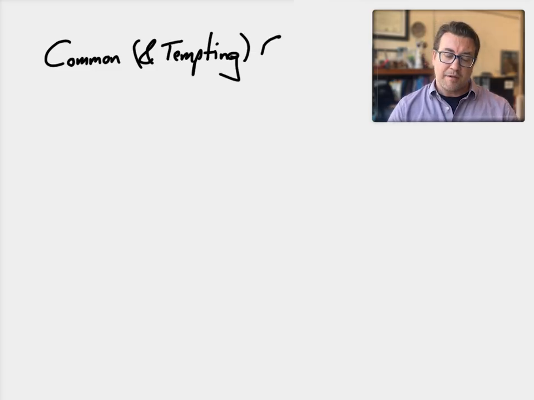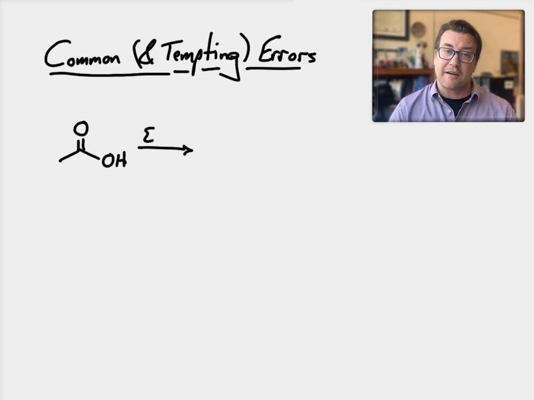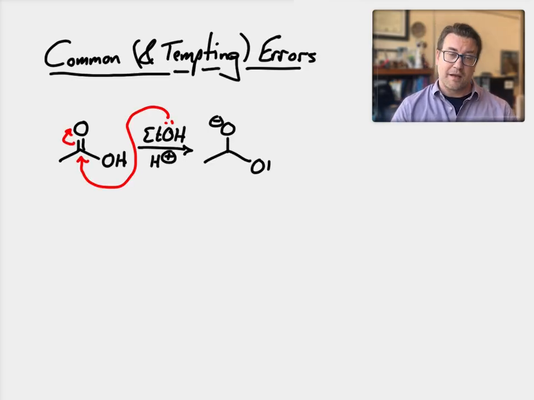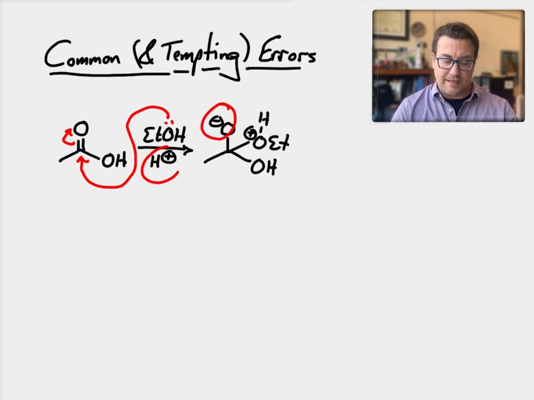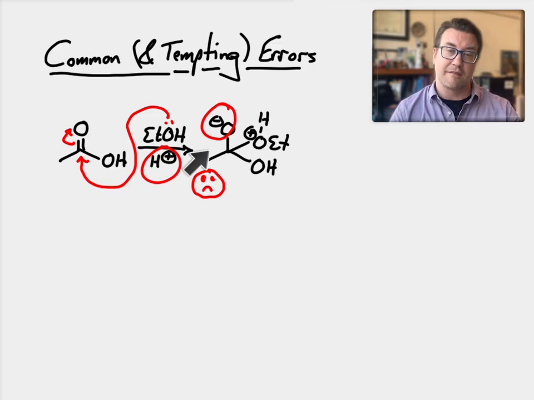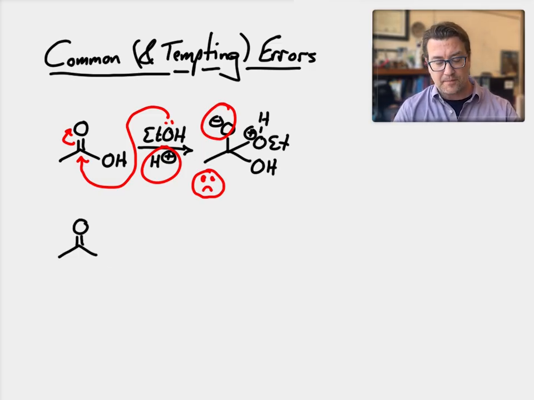So there are some common and very tempting errors associated with the Fischer esterification. The first is that you will skip the protonation step at the beginning of the mechanism, and you'll wind up with an alkoxide. That's not acceptable because you're under acidic conditions, so you do not have a very strong base in the presence of a strong acid. Not okay.